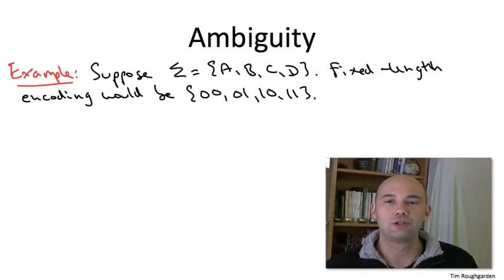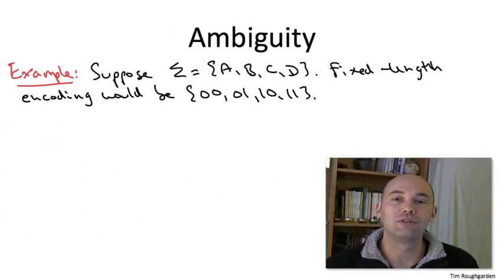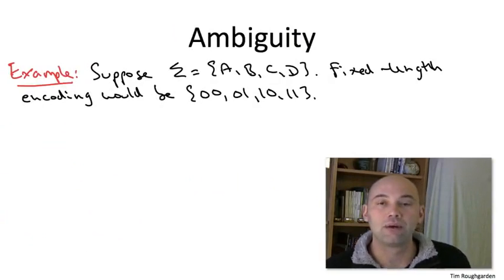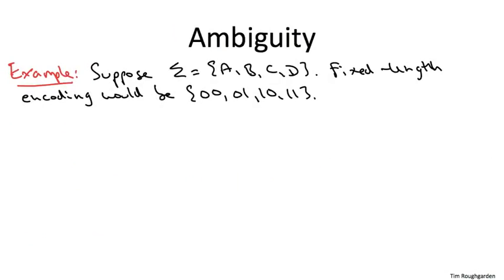So a new issue arises when you pass from fixed length codes to variable length codes. Let me illustrate that with a simple example. Suppose our alphabet sigma is just 4 characters, A, B, C, D. The obvious fixed length encoding of these characters would just be 00, 01, 10, and 11. Well, suppose we wanted to use fewer bits and we wanted to use a variable length encoding. An obvious idea would be to try to get away with only 1 bit for a couple of these characters.